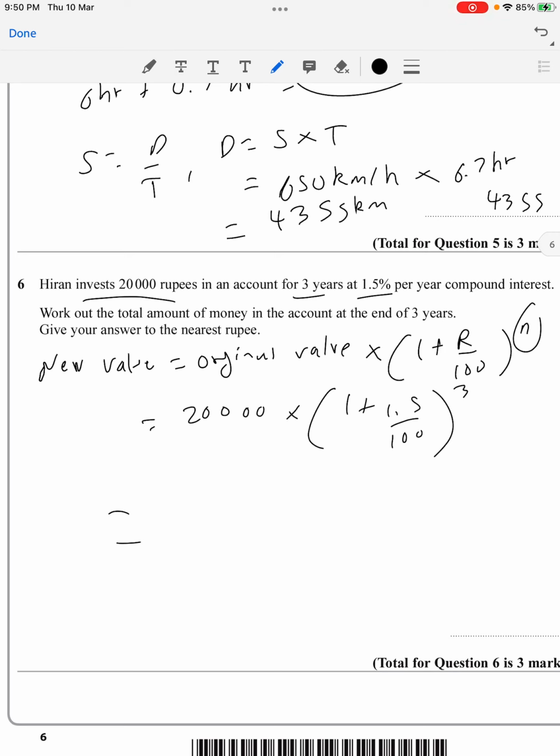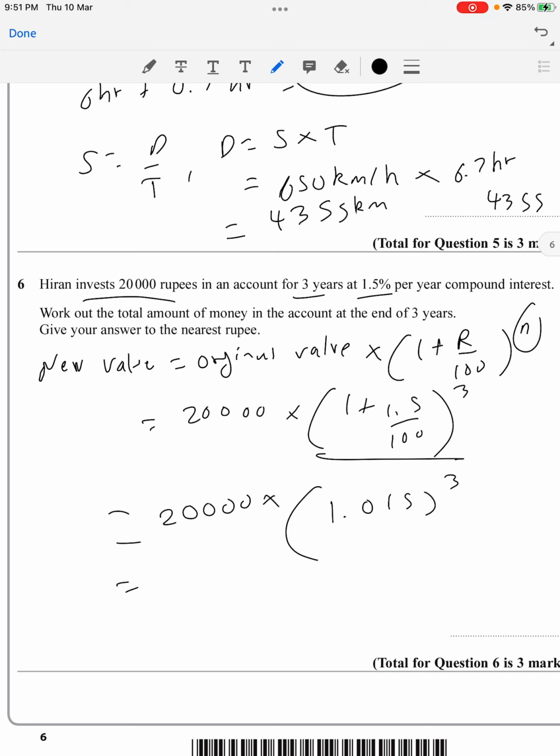Now, sometimes in the marking scheme they ask you to show some working. So we have to calculate this value here: 1.015 raised to the power 3.